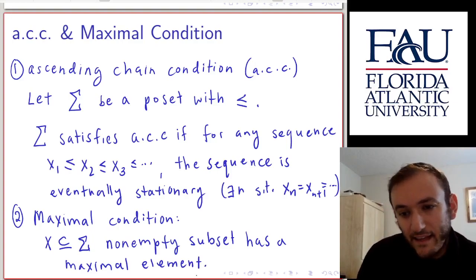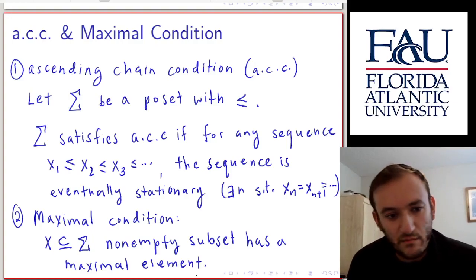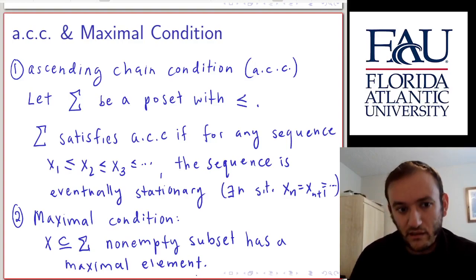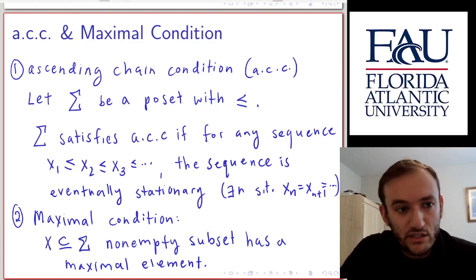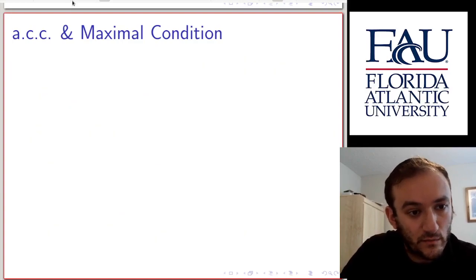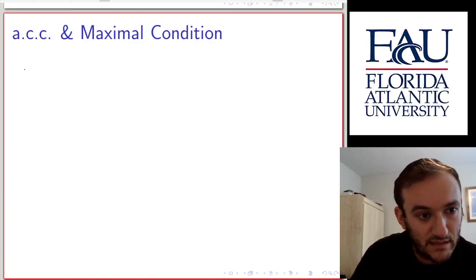You might say the ascending chain condition seems to be a bit more specific, like it's specifically related to these chains, but these two conditions are actually equivalent. And let's show that to be the case.